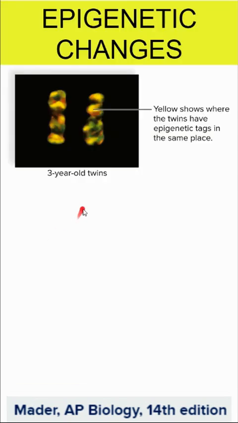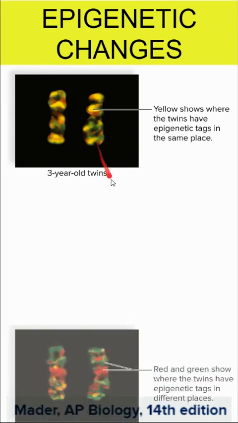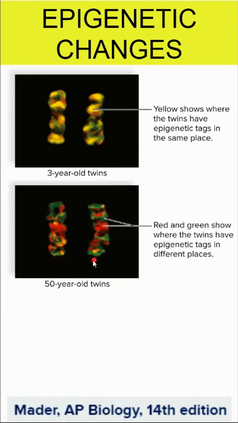So again, if you had identical twins, they would have the exact same genome, but that doesn't necessarily mean that they have the same epigenome. So at 3 years old, almost all of the same epigenetic tags are in place. But as a person ages, and these same twins are looked at as 50-year-old, all the red and green spots show where their epigenomes are different.